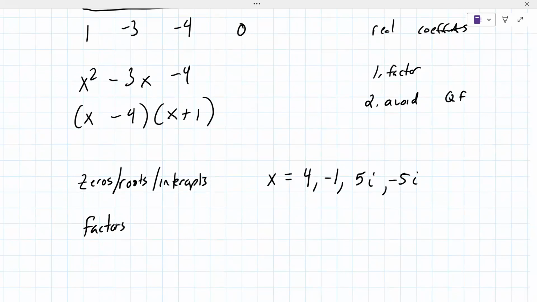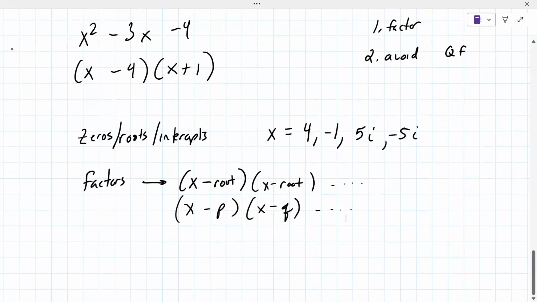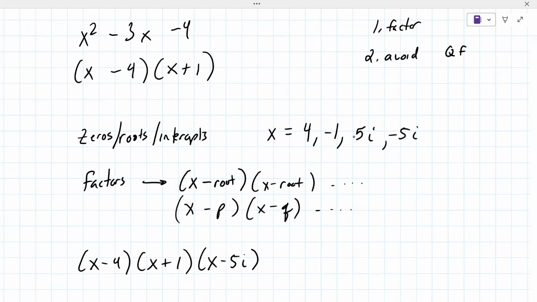It's always x minus the root, x minus the root, and so on. That's x minus p, x minus q, and so on. So in your problem here, it's x minus 4, x plus 1, for these. And then it's x minus 5i, x plus 5i.